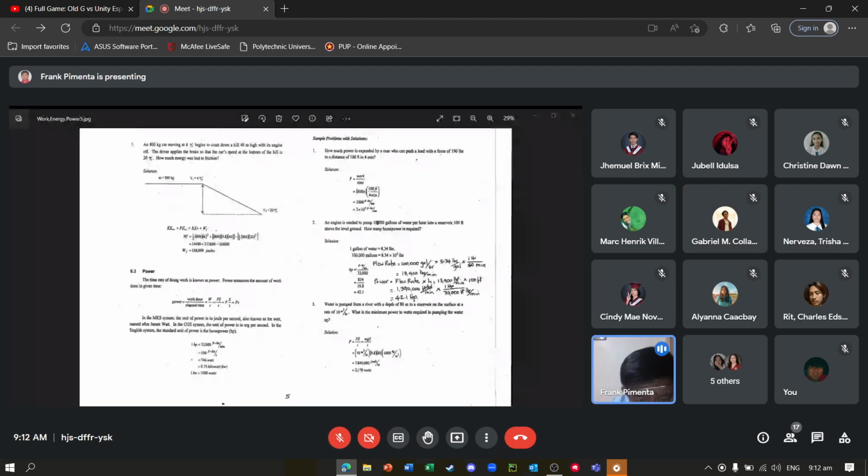In the second problem, the units are also in English, so horsepower is the unit of power there. In the third example, the unit is in MKS, meter, kilogram, second system of units, so the unit of power must be in watt.